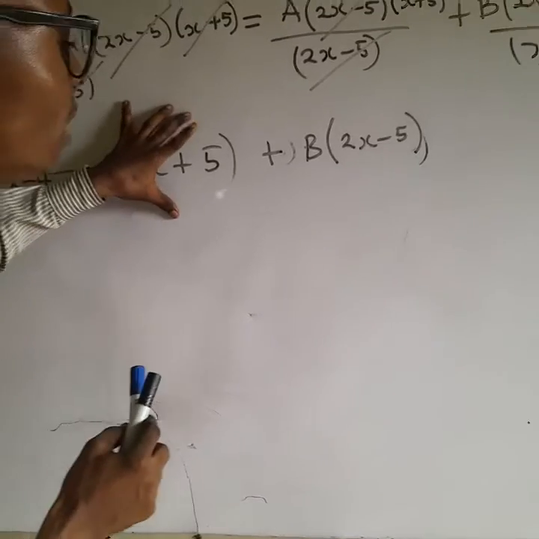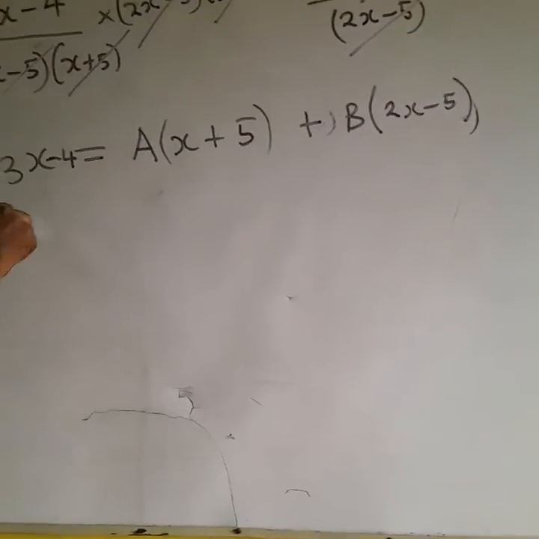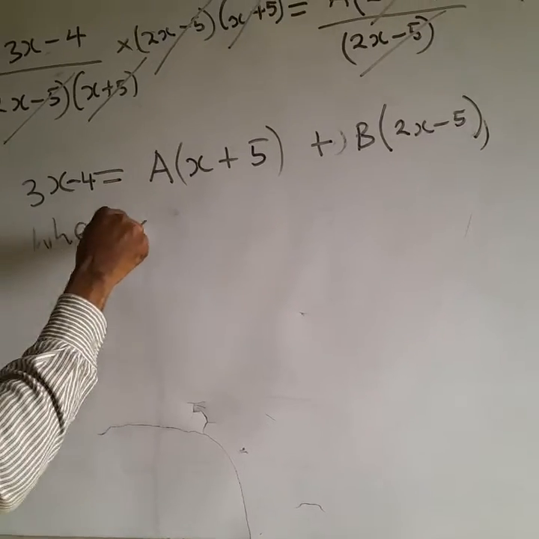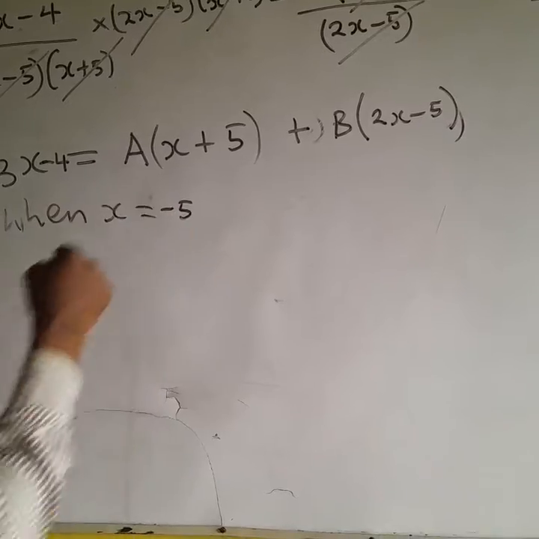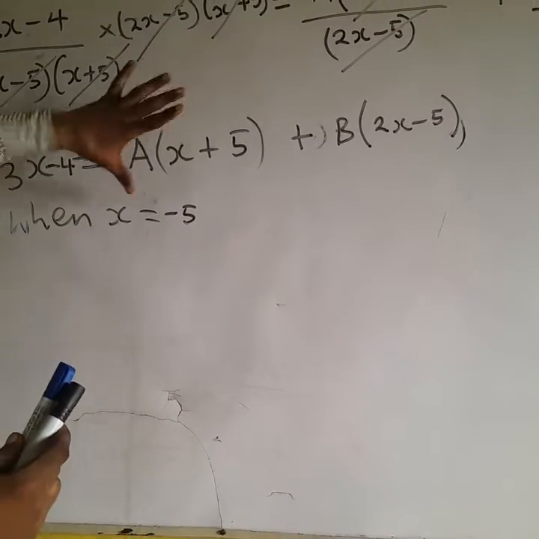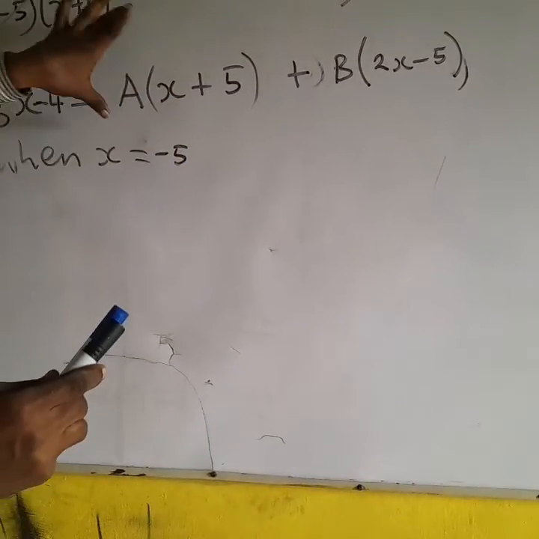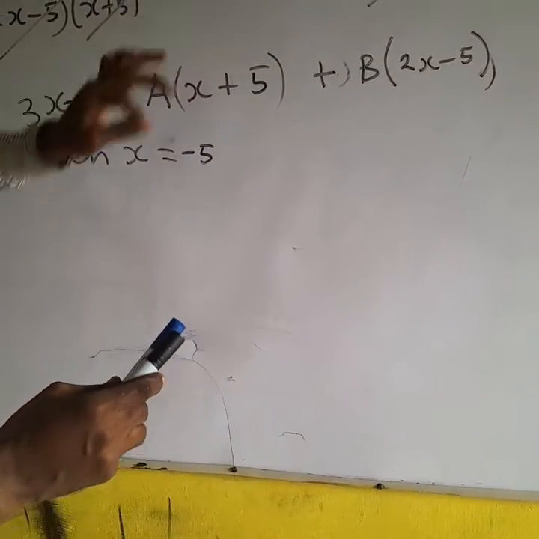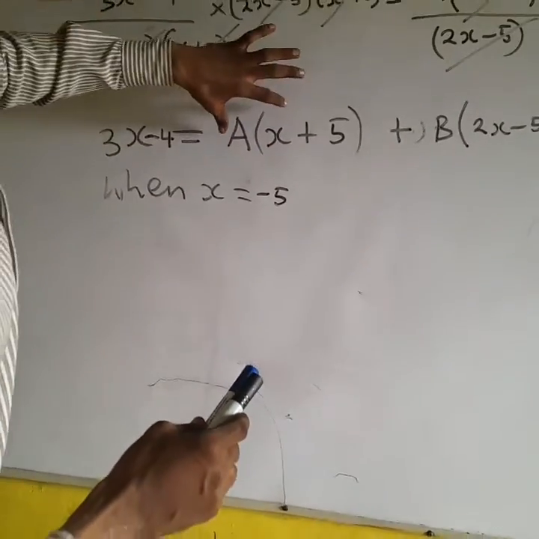If I cover up this one, I will find this. So if I put x equal to minus 5, which means I want to cover up A to find B, because if I put minus 5 here it becomes 0 automatically. So when x is equal to minus 5, A becomes 0 automatically.